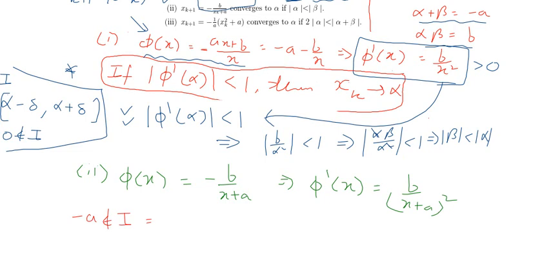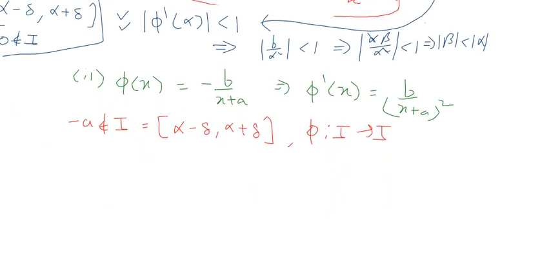You are looking at the root near alpha, from alpha minus delta to alpha plus delta, and you have to choose it in such a way that phi maps I into I. Now mod of phi dash of alpha is equal to mod of b divided by alpha plus a whole square, right?